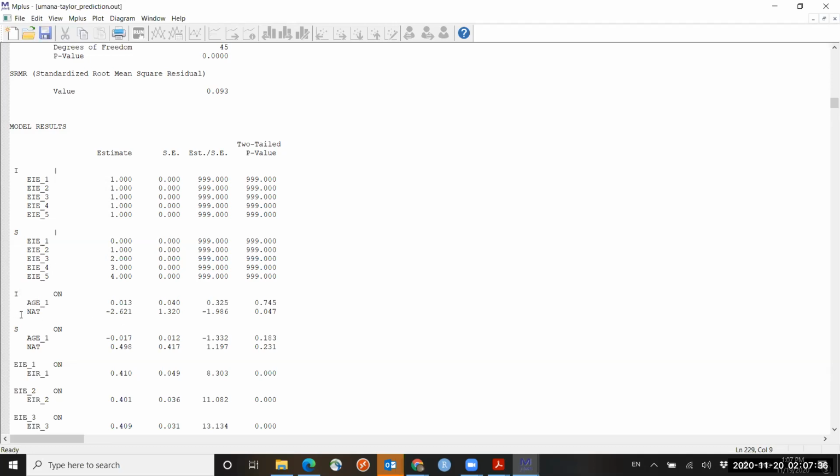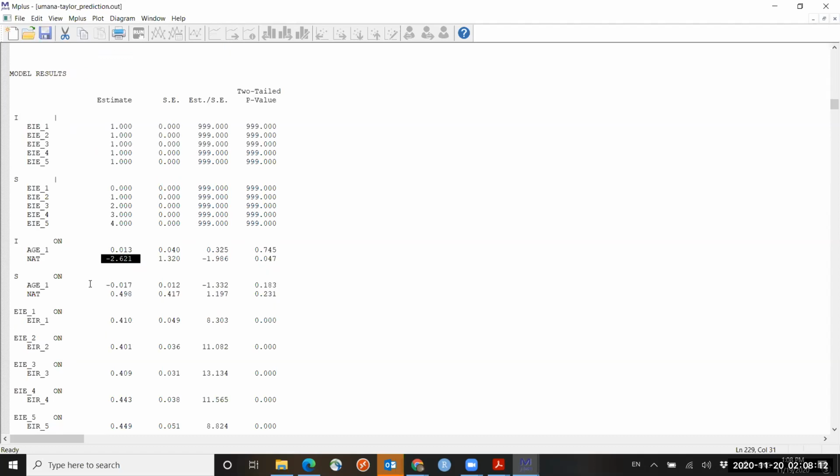We can interpret nativity because it is statistically significant, and it shows that the difference between the two groups is minus 2.621. I don't remember which group is coded 1 here, but the group that's coded 1 is lower with respect to the intercept than the group coded 0.